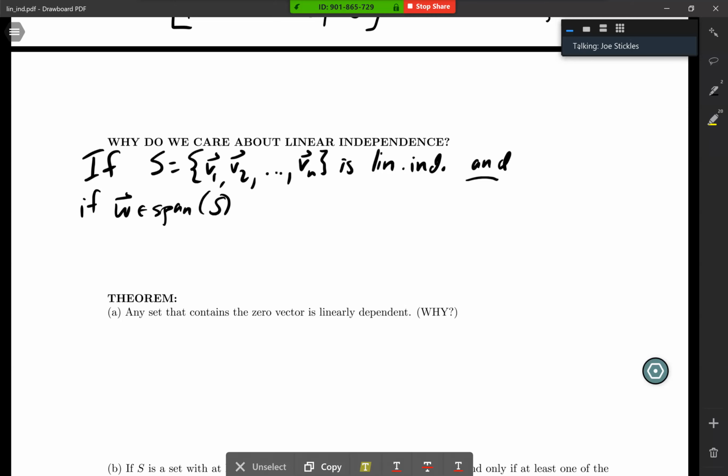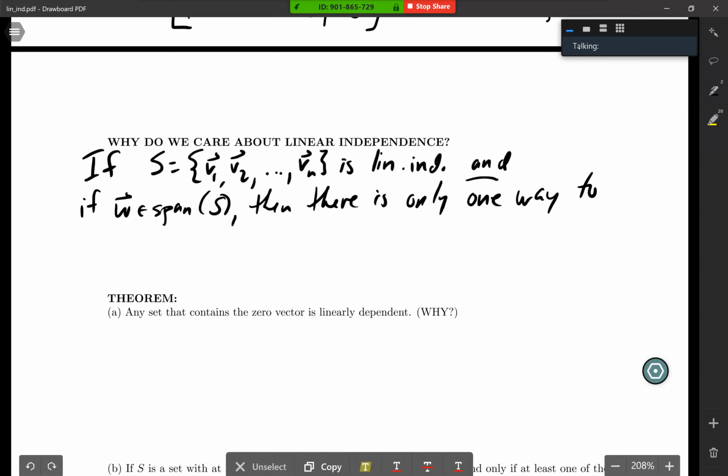So if S is linearly independent and W is in the span, then there is only one way to write W as a linear combination of the V1 out to Vn.